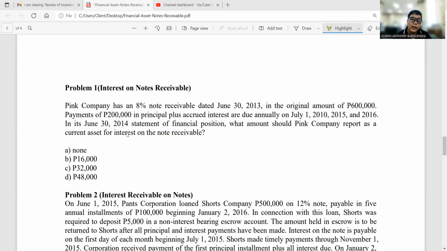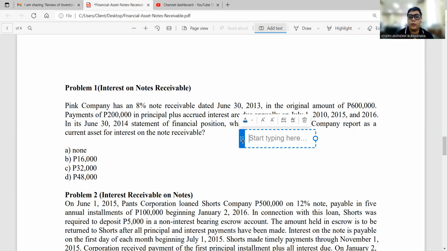In this problem we are going to use the 8% stated or nominal rate to know how much is accrued, and we use a one-year period, not six months, because the year ends at June 30. Okay, so how to compute?